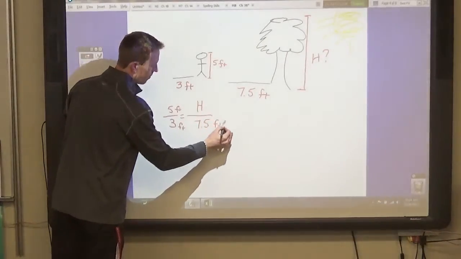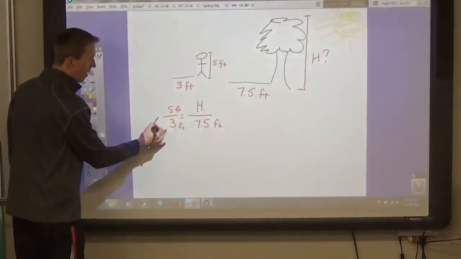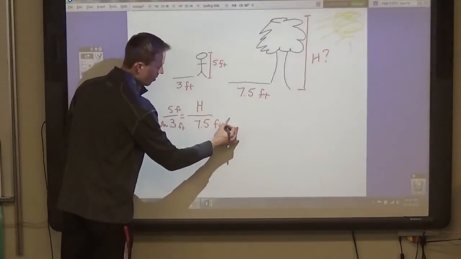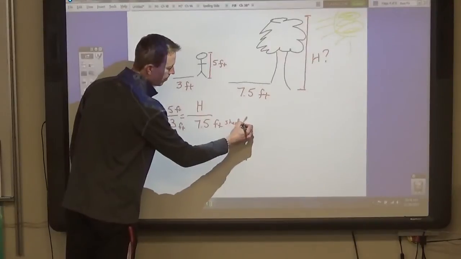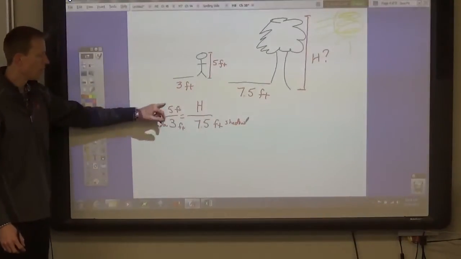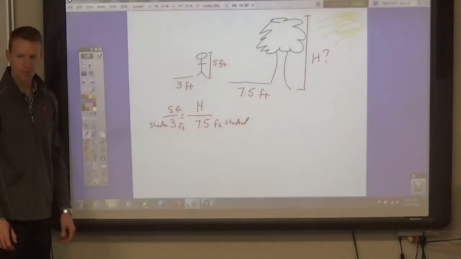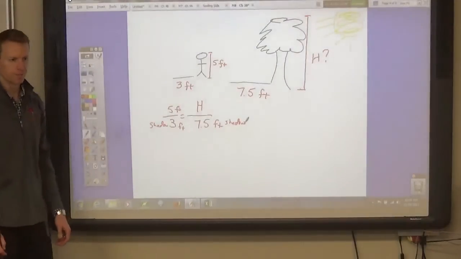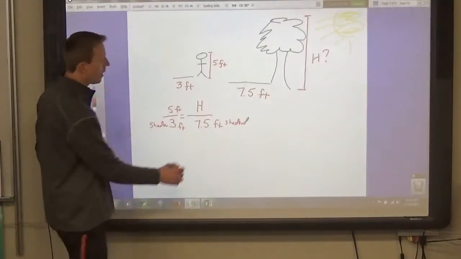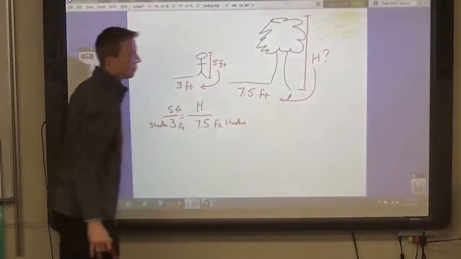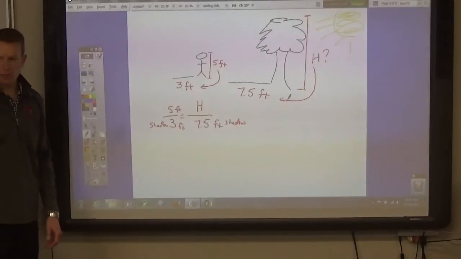So this is the shadow, and this is the shadow, and the shadow goes with the height in the same way, correct? That's a true proportion. They're being compared in the same way. Is that the only proportion we can use?